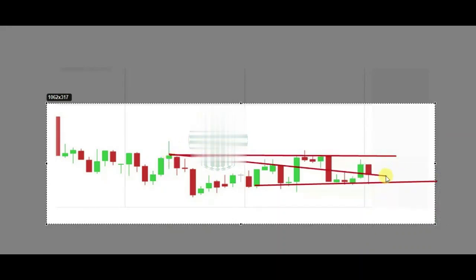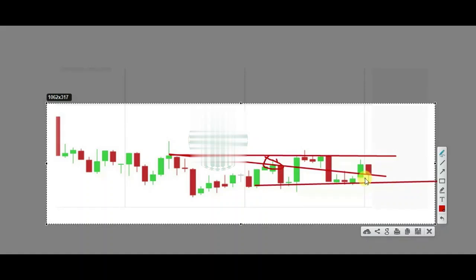And okay, here we have a support. This resistance became support, but we don't know whether it will work as a support or not because previously it worked only as resistance. So I don't have any trade here.